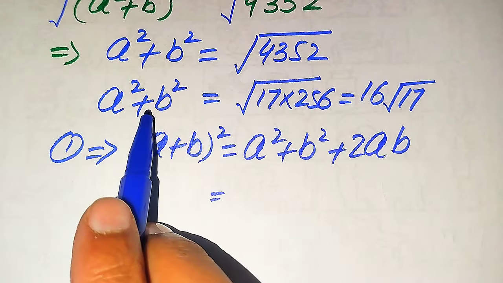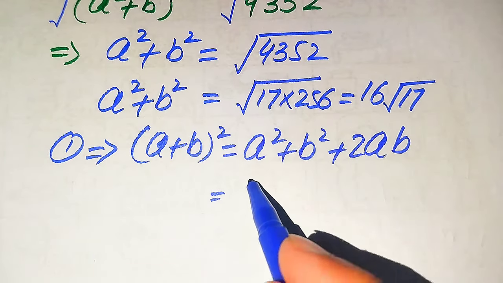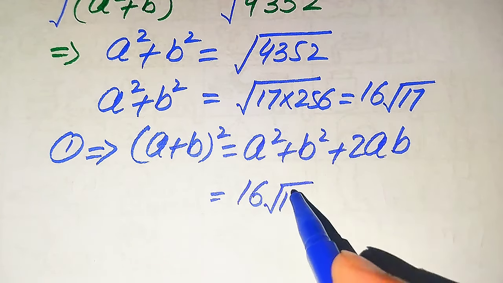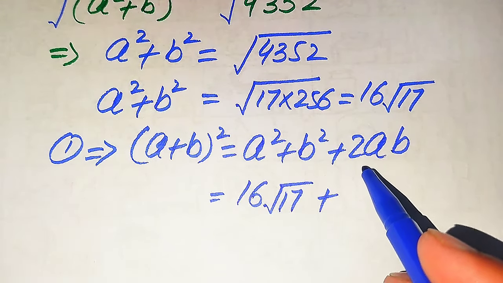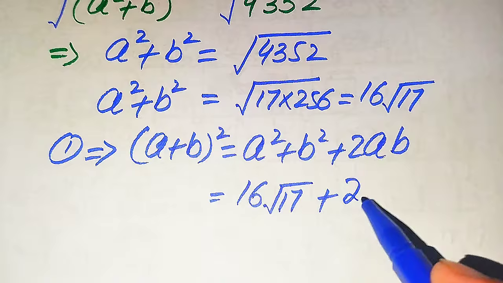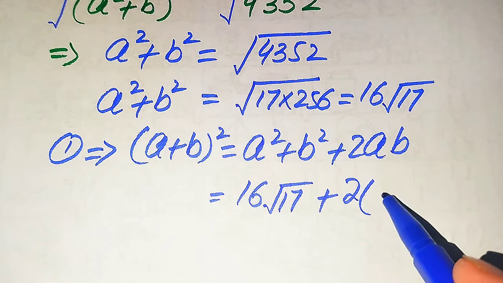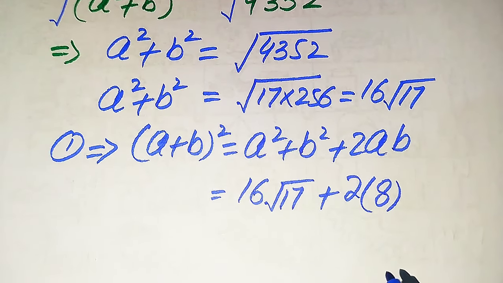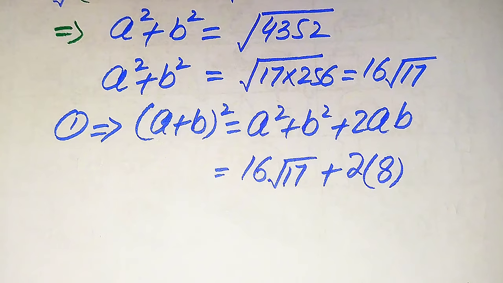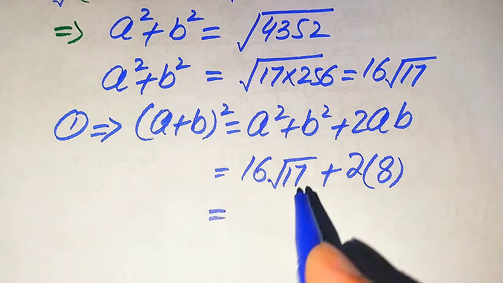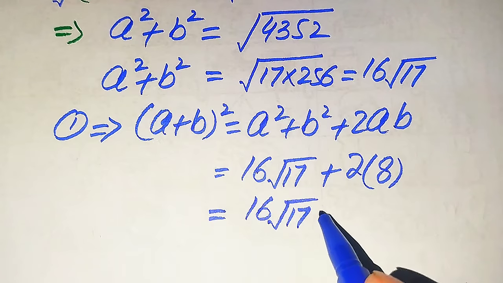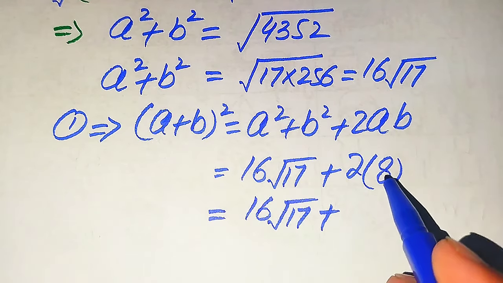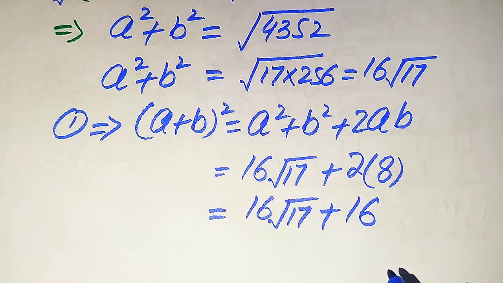Here we substitute the value of a square plus b square, so it will be written as 16 times the square root of 17 plus 2 times ab, and we have the value of ab is 8. We substitute it here. Further, in the next step, this will be written as 16 times the square root of 17 plus 8 times 2, which becomes 16.